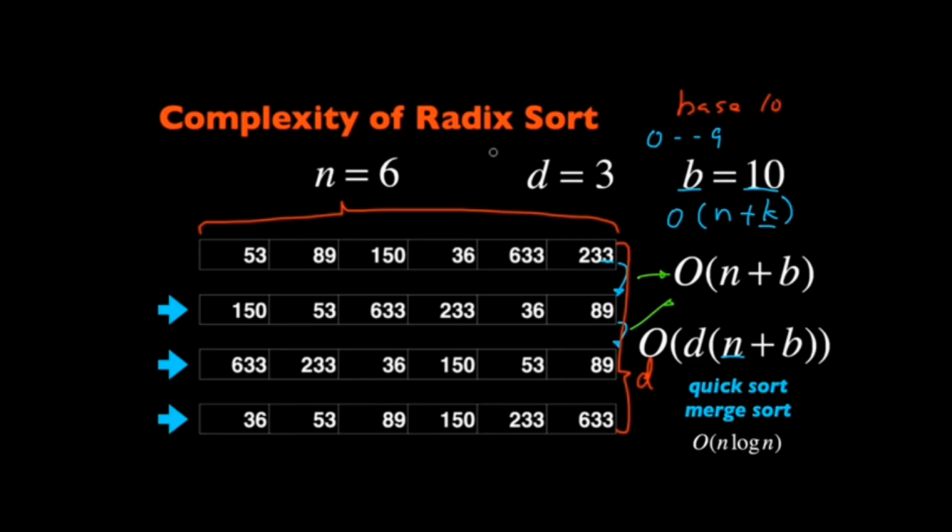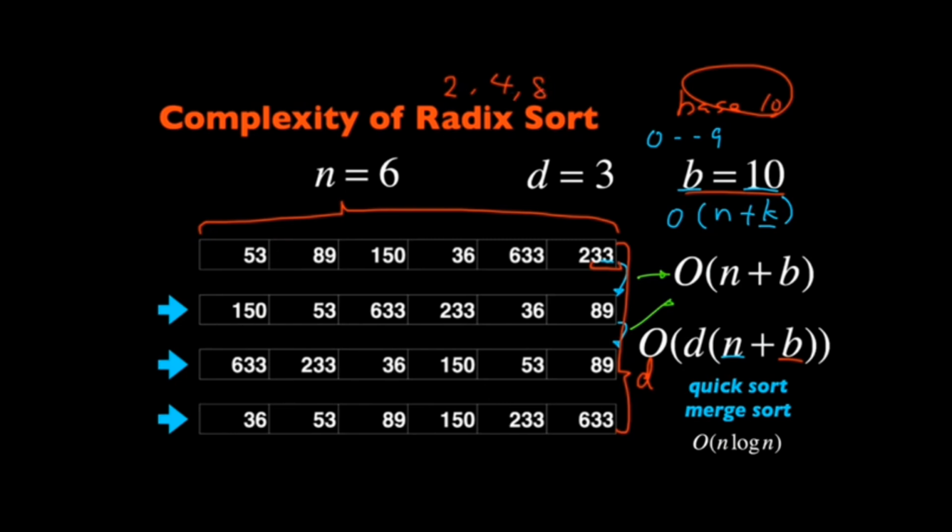And one last thing to note here is that there's a range of values that we can choose from for the value of b. We chose base 10 just for simplicity and just to show an example, but we could have chosen, for example, base 100, base 2, 4, 8, or any other positive integer for that matter.